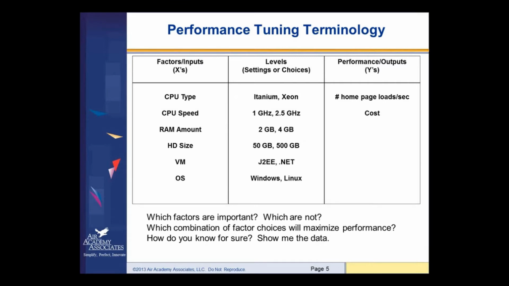We either have an Itanium or a Xeon type of CPU. The next 3 factors are all quantitative. You can see that we have 1 gigahertz to 2.5 gigahertz for CPU speed. RAM amount is also quantitative. Hard drive size is quantitative, measured in the number of gigabytes. Virtual memory and OS are qualitative, again with OS being a Windows or a Linux type operating system.